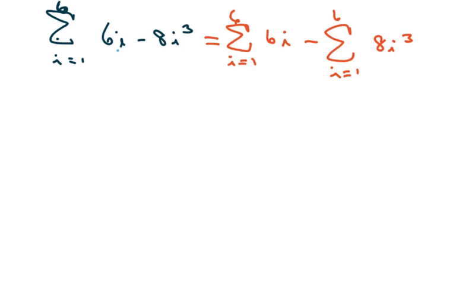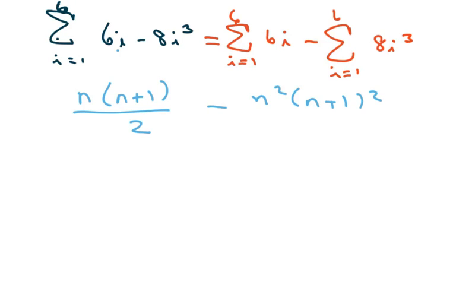So the first formula I'll be using is n times n plus 1 over 2. And the second one, it's just like the other one, but we're subtracting one from the other. Okay, and then we also have this thing going on here. So this one's going to be over 4.